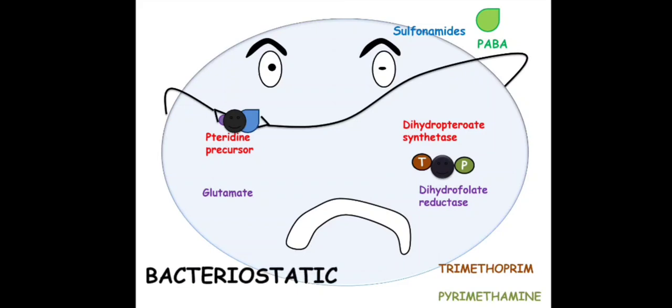So sulfonamide as well as trimethoprim and pyrimethamine, all these three drugs have bacteriostatic action. But the difference is only in the enzyme. Sulfonamide will be inhibiting the dihydropteroate synthetase enzyme, whereas trimethoprim and pyrimethamine are inhibiting the dihydrofolate reductase enzyme. So all these three drugs, when taken alone, produce bacteriostatic action.